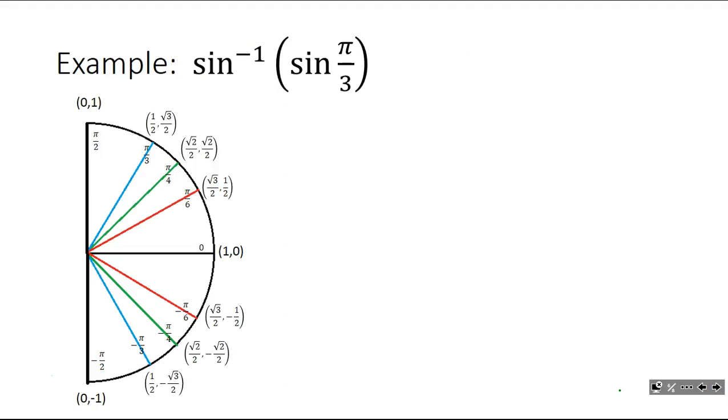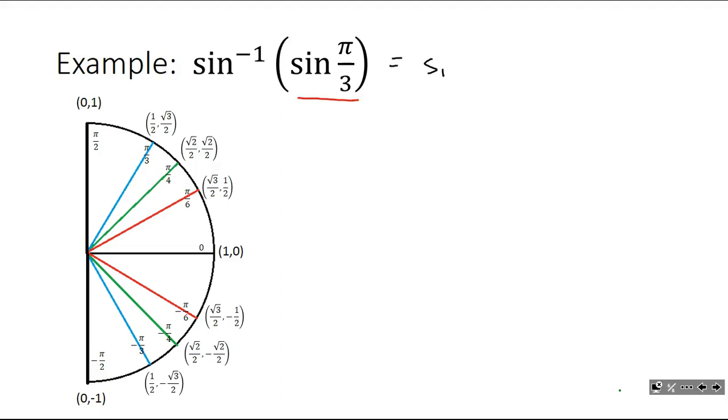So I have the inverse function on the outside, inverse sine. On the inside, I have sine of pi over 3. So let's just start with our working hypothesis. We think the answer will be pi over 3, but let's see if that turns out to really be the case or not. So here's what we do. We would first work out the inside function here.